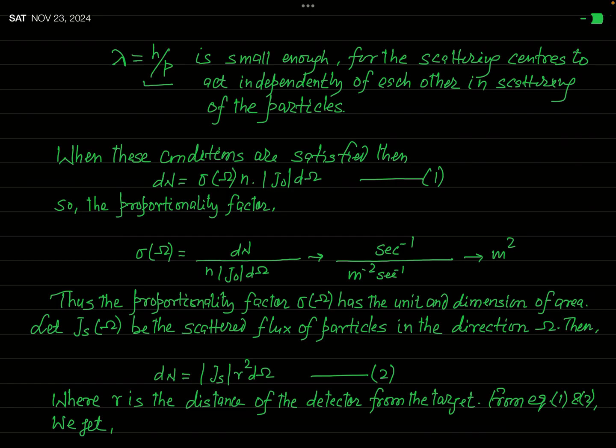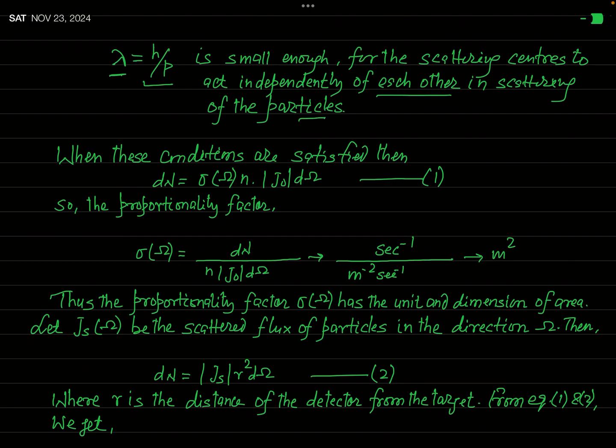If p is large, then from the de Broglie relation you can say the de Broglie wavelength will be very small. And if the de Broglie wavelength is very small, then the scattering centers act independently of each other in the scattering of particles.